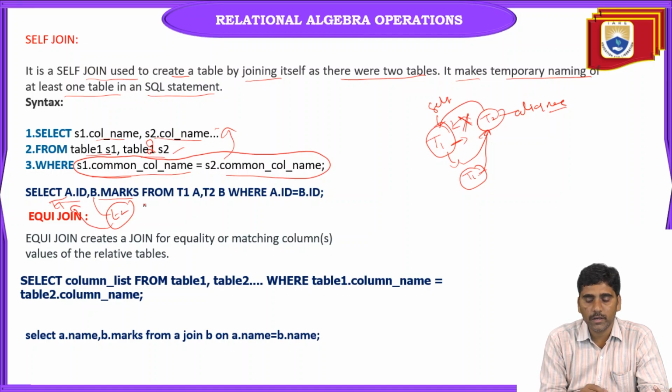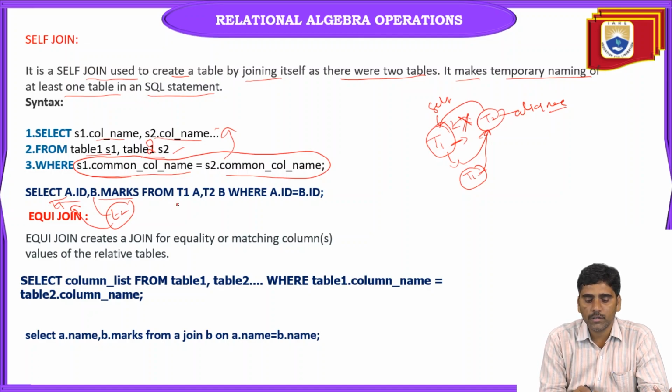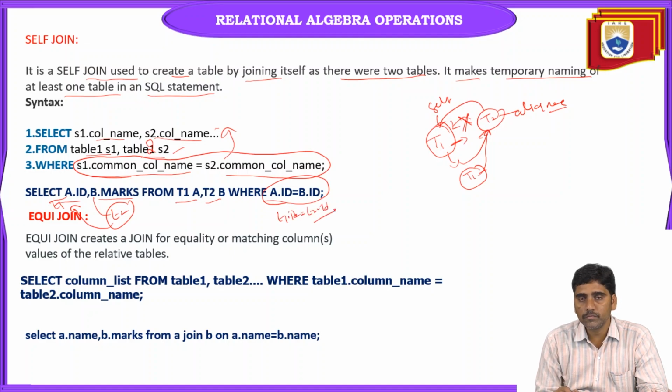ID and marks are the column names from both table 1 and table 2. From T1 A, comma, table 2 B, where A dot ID equals B dot ID. That means table 1 dot ID equals table 2 dot ID.